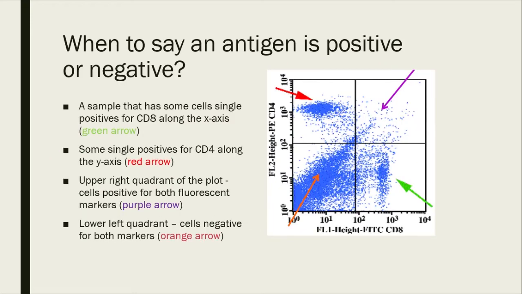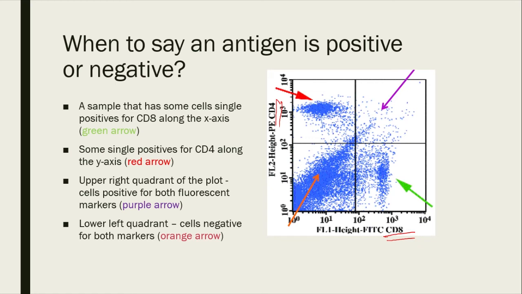Here we have two different types of cells. We can look at different types of markers on a population of cells. One carries CD8, very familiar, CD8. One carries CD4, CD4. Now here we look at the green arrow.